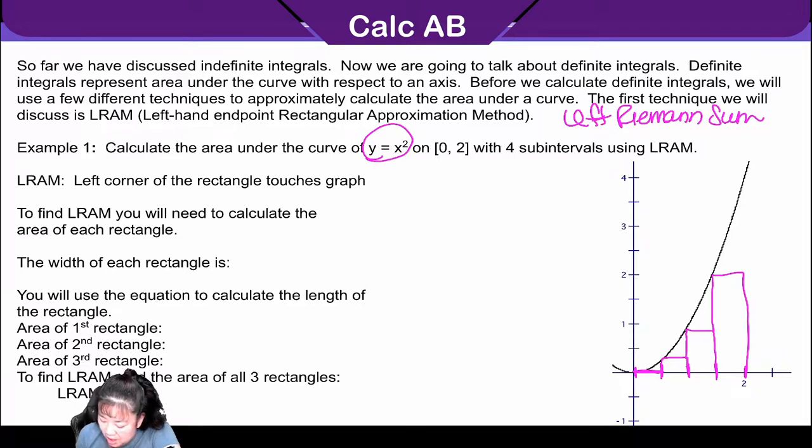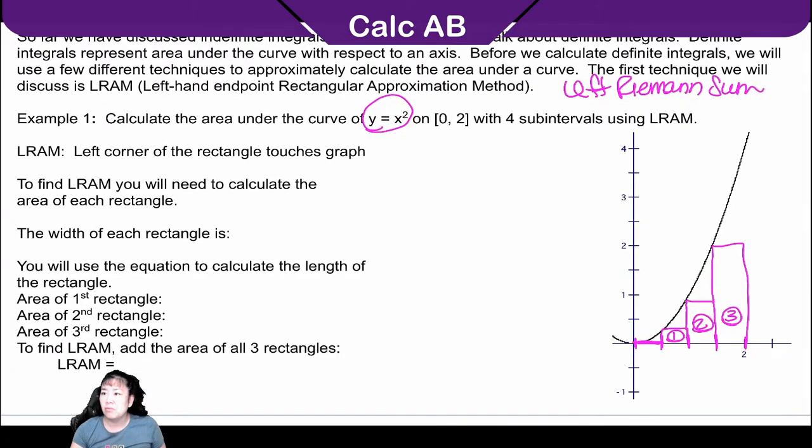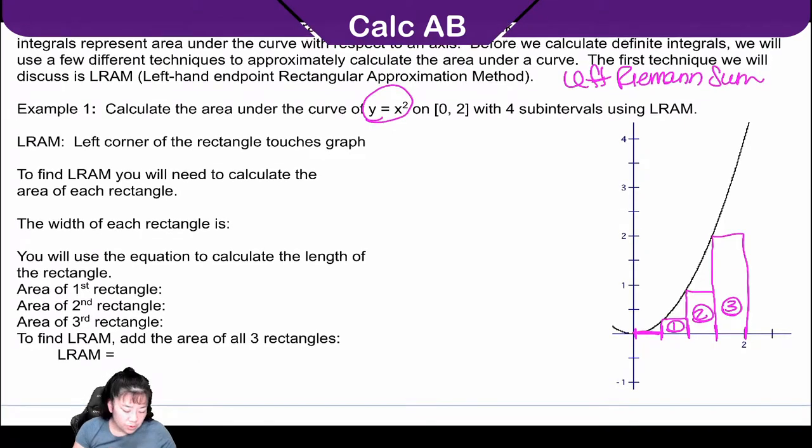So I'm going to find the area of the first rectangle, which is 0. So we'll start off with a rectangle that actually exists. The area of my first rectangle: my base is 1/2, and then my height, this corner right here, is found by plugging 1/2 into my equation.